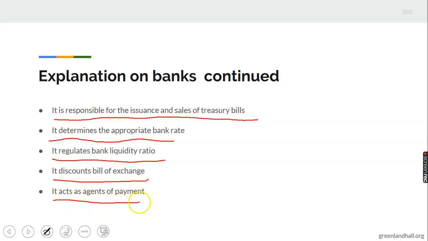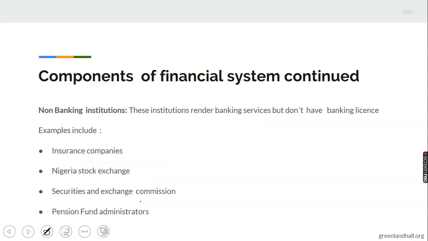It acts as an agent of payment. So it equally helps government in making payments to international financial institutions that transact activities with the country.